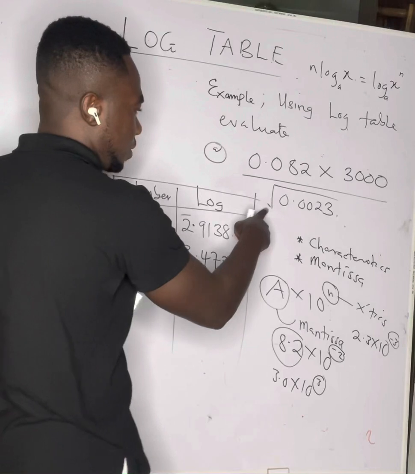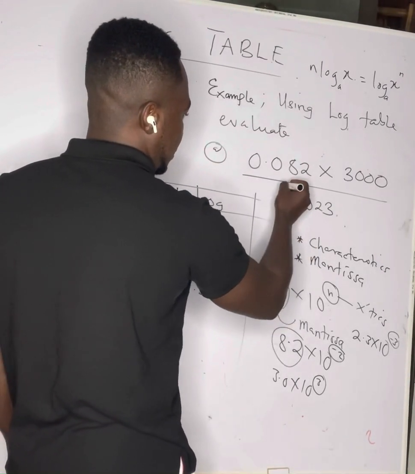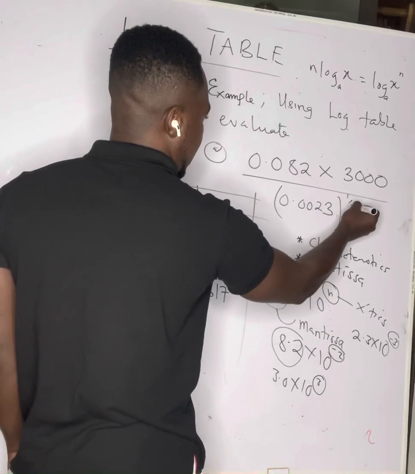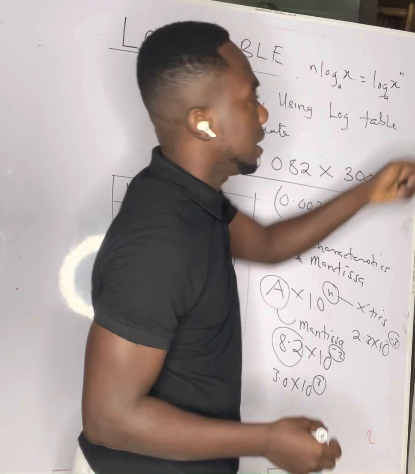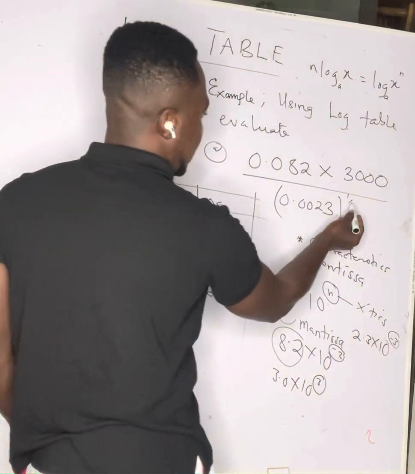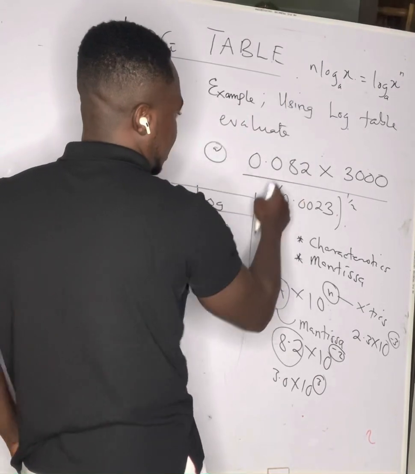The root of this number is the same as this number to the power half, and the half is representing the number n. So the exponent will multiply the number as a coefficient.